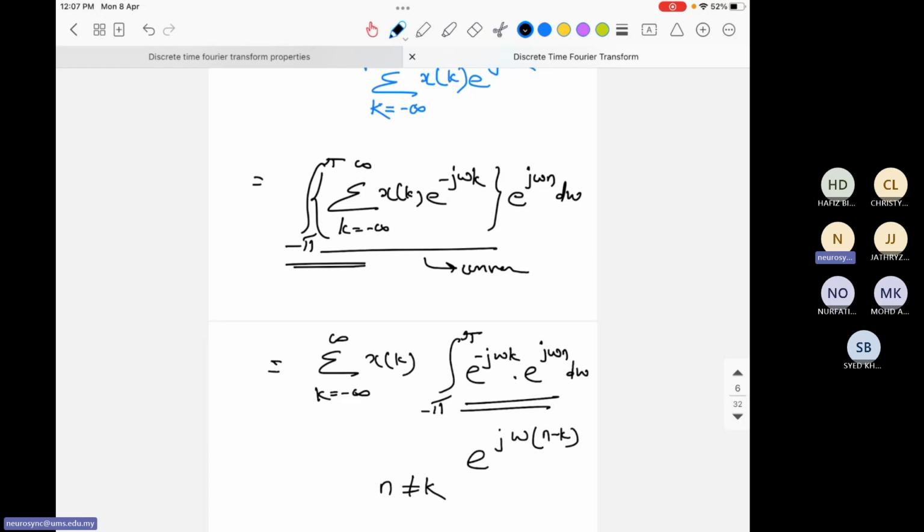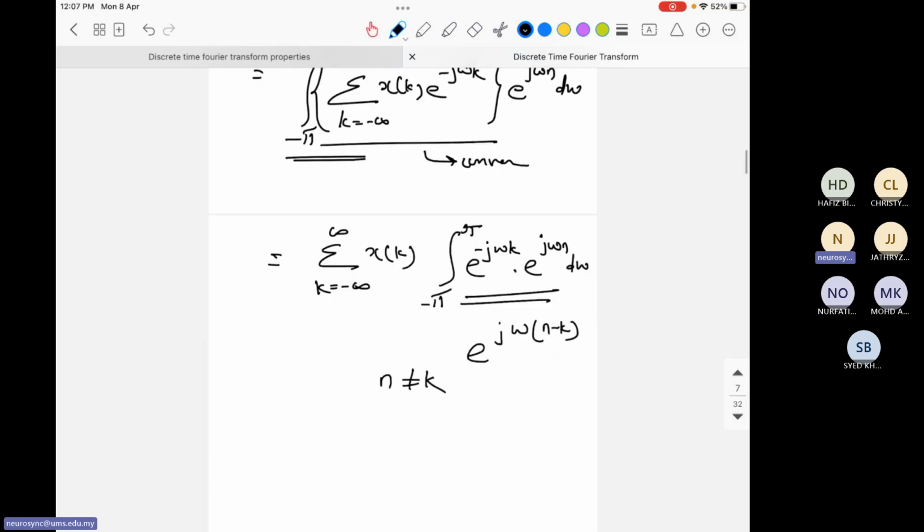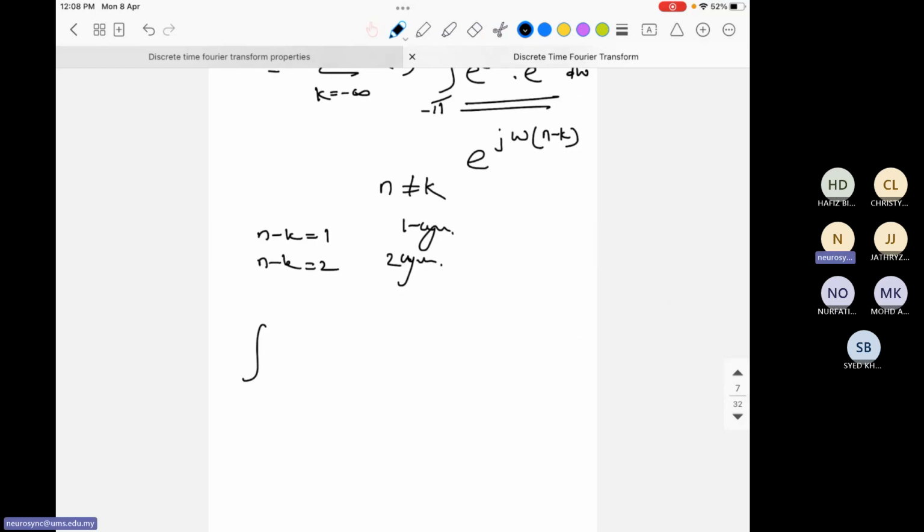Now suppose n minus k equals 1, then there is one cycle. If n minus k equals 2, then there will be two cycles present. So if n minus k is not equal to 0, in that case there will be some value here. Now, we know that the integration of e to the power alpha x dx is e to the power alpha x by alpha.